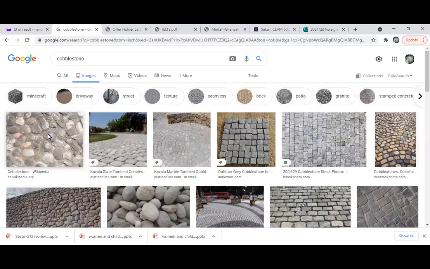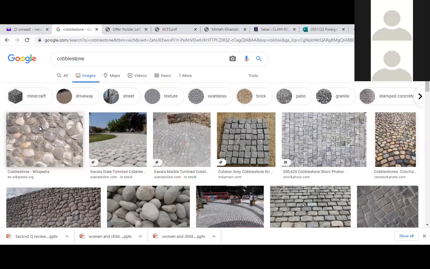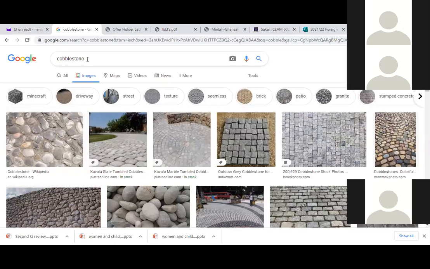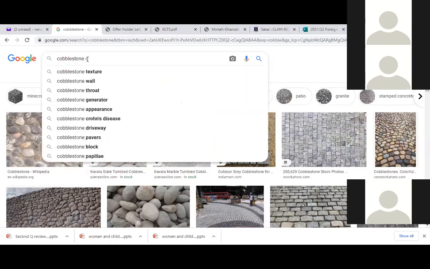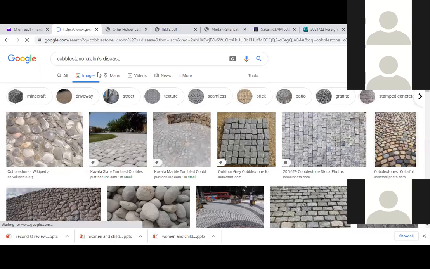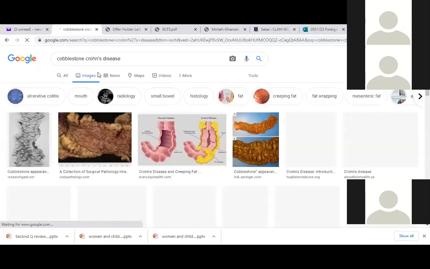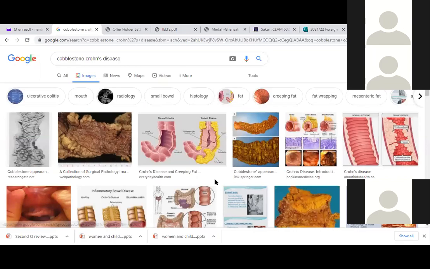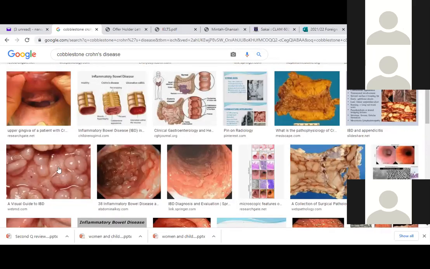This is what we call a cobblestone. Okay, so that's a cobblestone. So let's try and see the cobblestone in Crohn's disease, the real cobblestone.